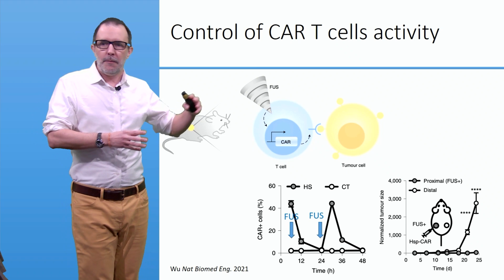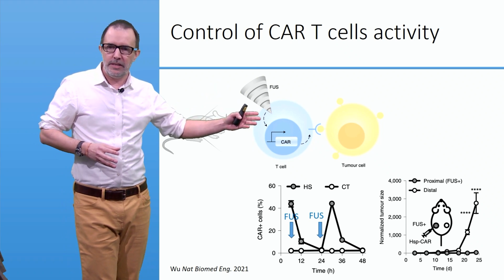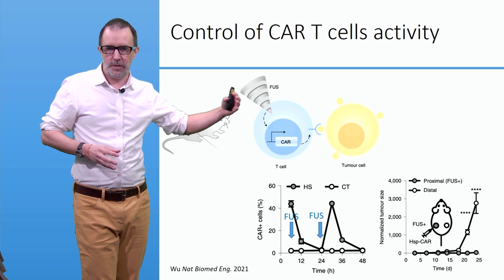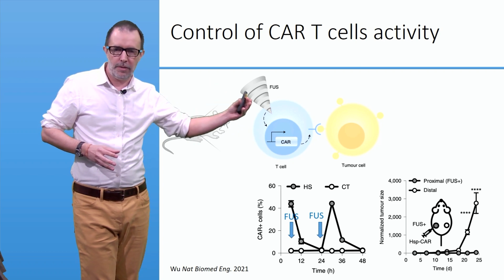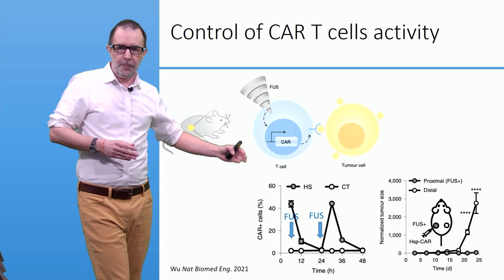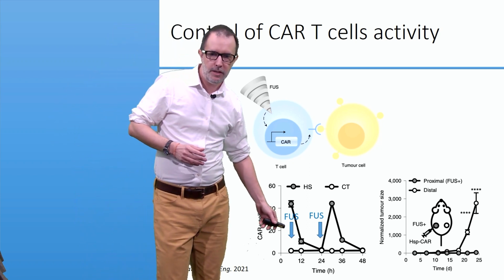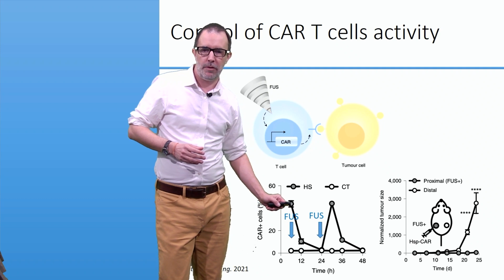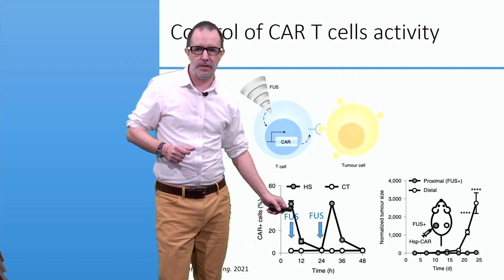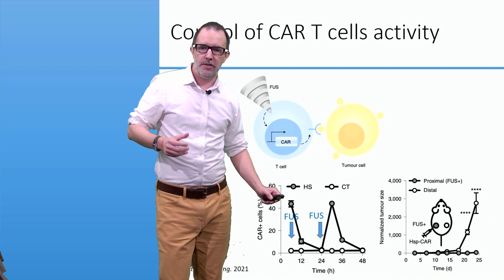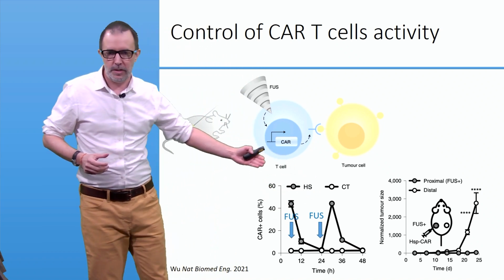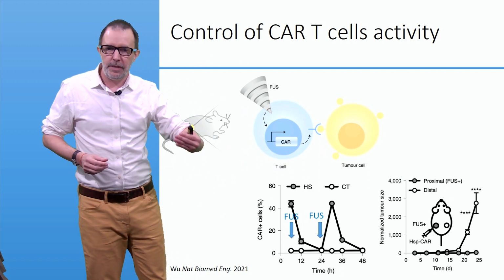So these CAR T cells have been engineered to express their chimeric antigen receptor, their CAR, only under hyperthermia conditions. And so looking here, you see the expression of the CAR is triggered when you induce hyperthermia, for example, with therapeutic ultrasound. This is a transient mechanism that will return to baseline after 24 hours and that you can repeat.